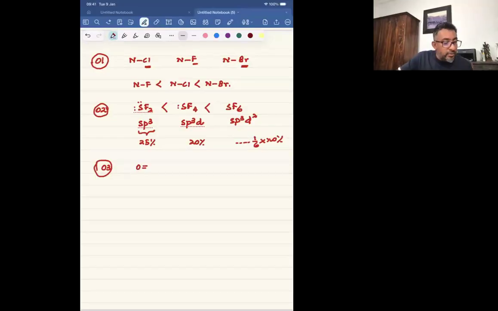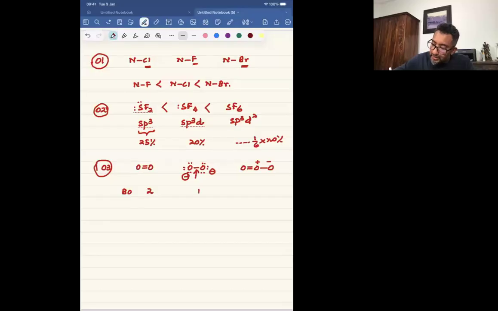Oxygen, O2, double bond. Peroxide, oxygen, oxygen, minus, minus. O2, then O3, oxygen double bond oxygen, dative bond oxygen, plus and minus. Now let us look at the bond order. Here there are two bonds around the atoms, so the bond order is 2. But here the bond order is 1.